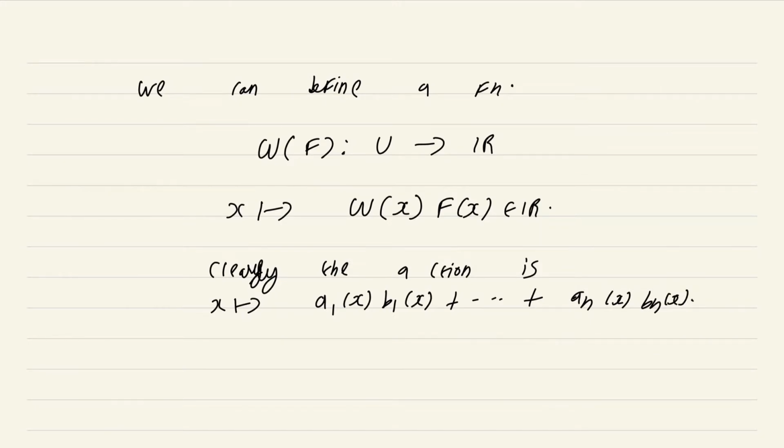A very natural action. Now it's utterly clear that if ai and bi are both continuous functions, then so is omega of f. If omega is Ck smooth and f is also Ck smooth, it's clear that this action omega of x acting on f of x will also give a Ck smooth function. So now we can give an intrinsic definition of integrating a differential form along a curve.